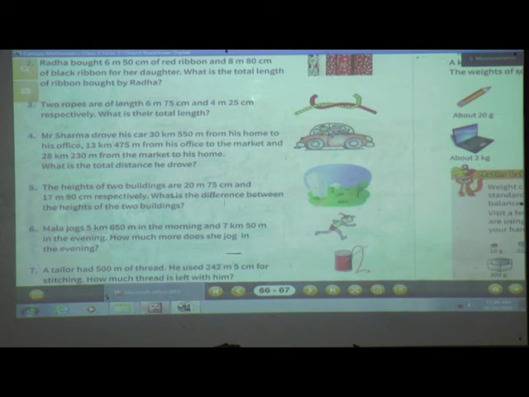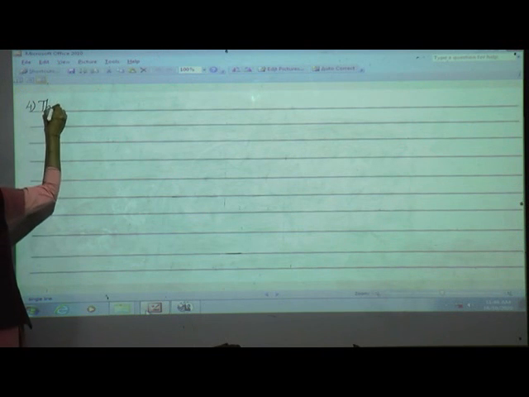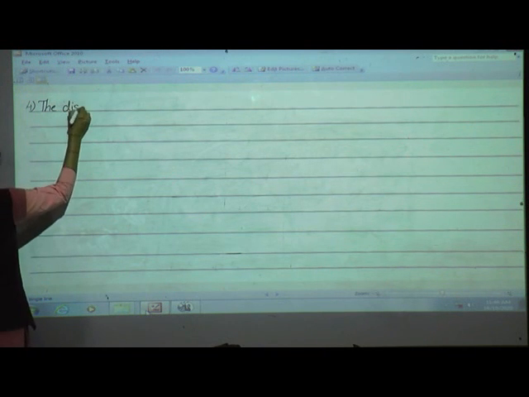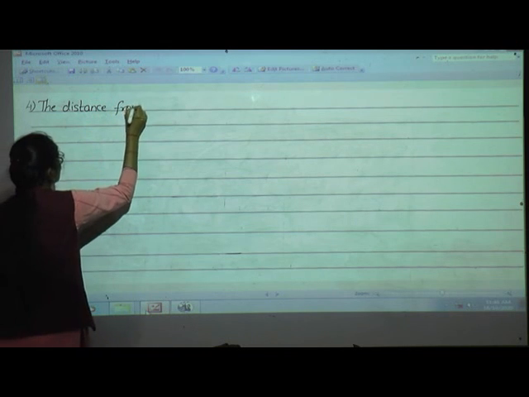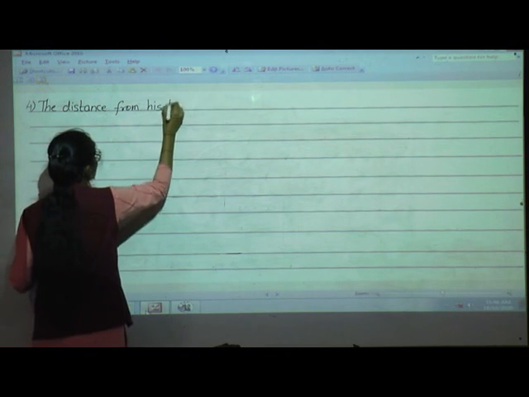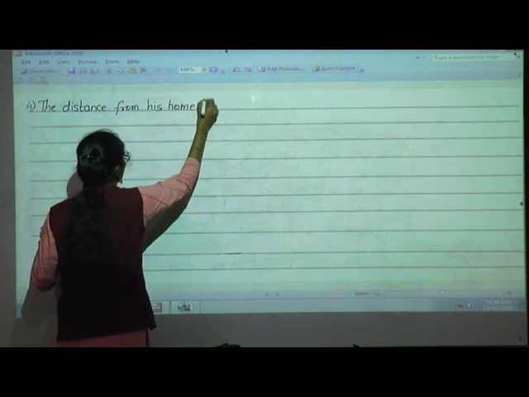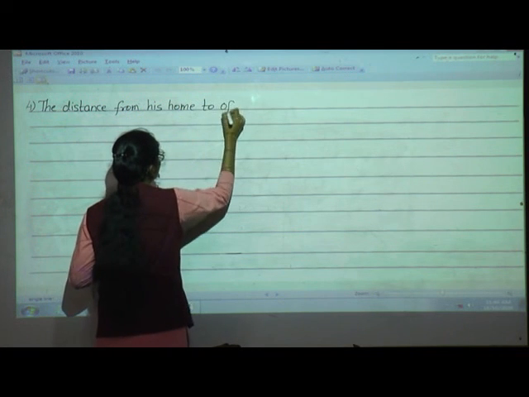Okay, so here first we will write, Mr. Sharma drove his car 30 km 550 meter from his home to his office. So here we will write the distance from his home to his office.